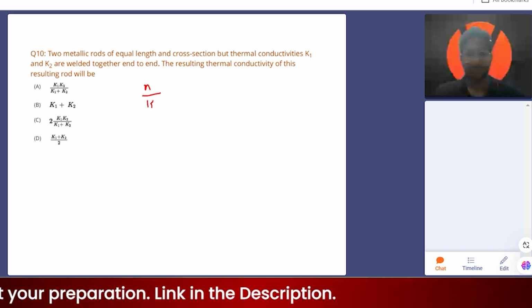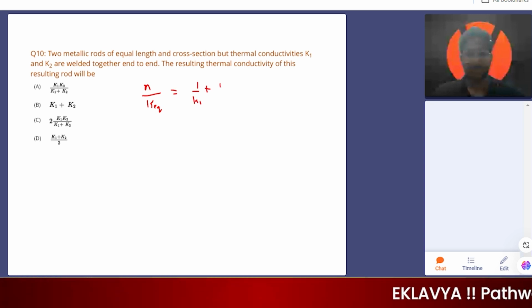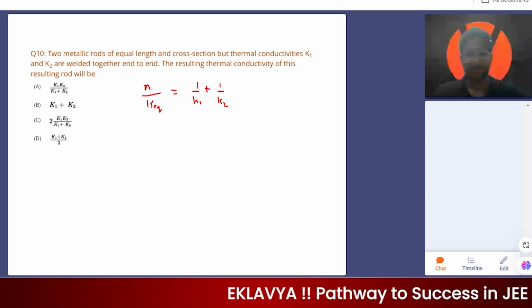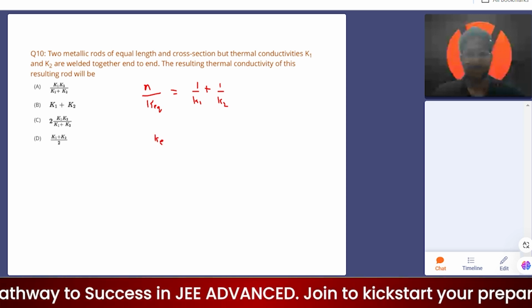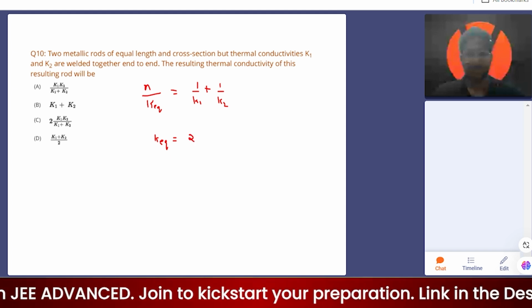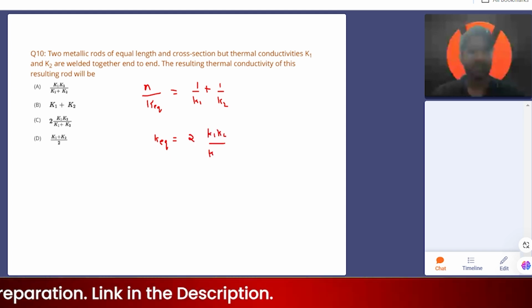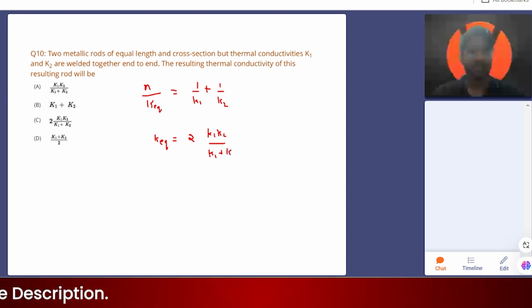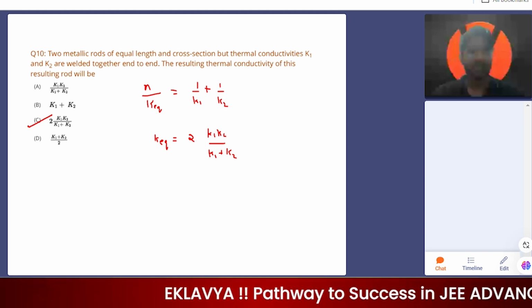For identical length and everything, N by K equivalent will be 1 by K1 plus 1 by K2, and so on up to Kn. So here there are two rods, so the equivalent value shall become K equivalent is equal to 2 times K1 K2 divided by K1 plus K2. This is a straight formula for series equivalence of thermal conductivity.